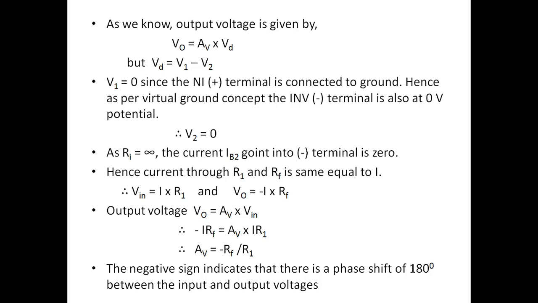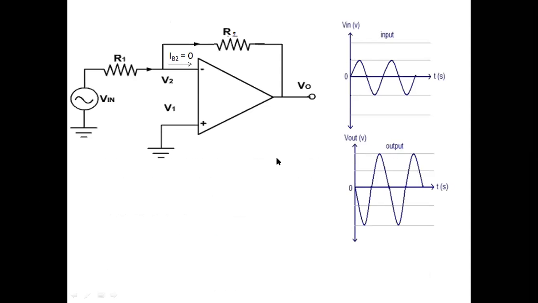So the current flowing through R1 and RF is the same, equal to I, because we are taking the voltage at that time. Some current might go to the inverting terminal and some to this resistance, but the value of IB2 is 0 because we have infinite resistance.